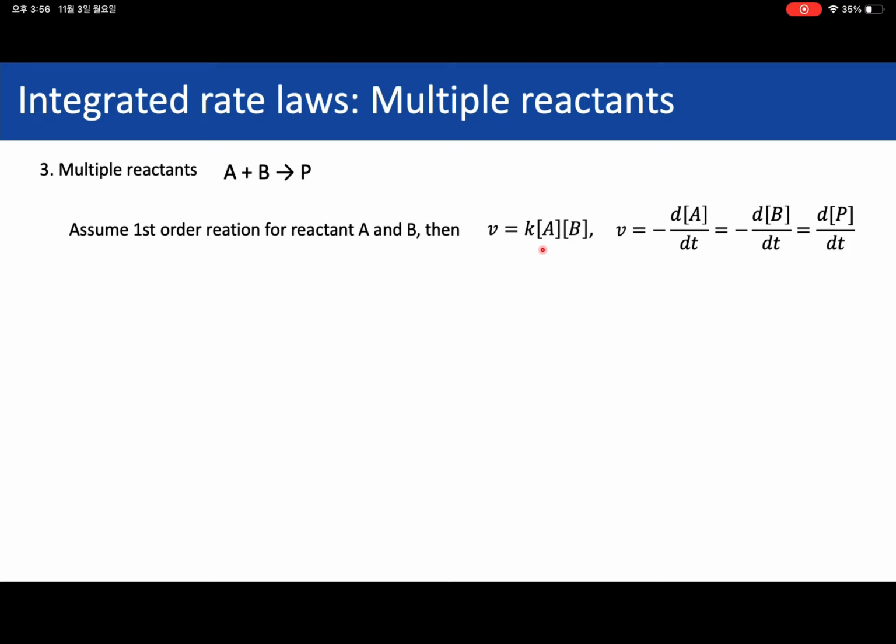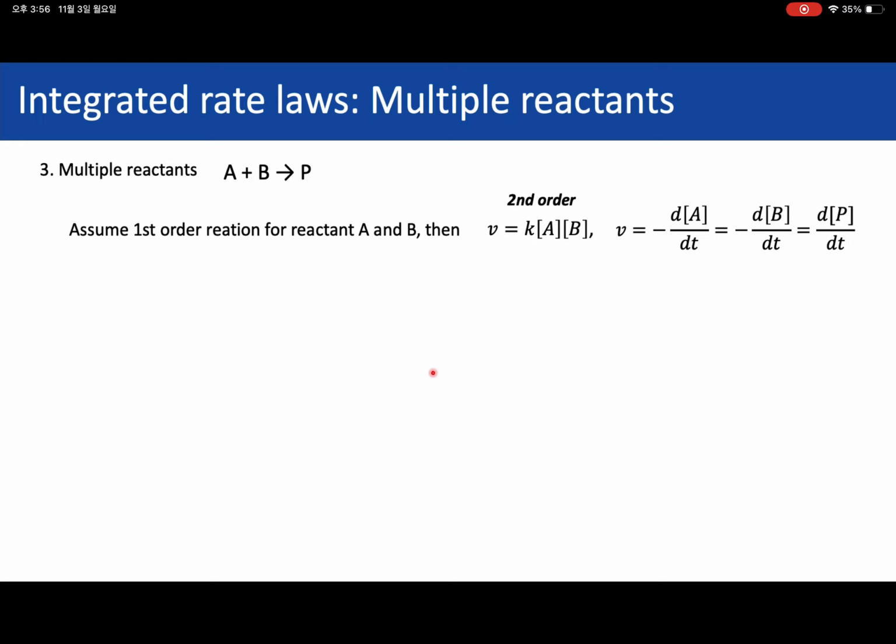The reaction order with respect to each species is of the first order, but as I said in the previous slide, the reaction order is the sum of the reaction orders with respect to A and B. So the overall reaction is a second order reaction.